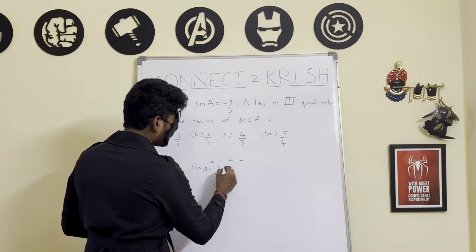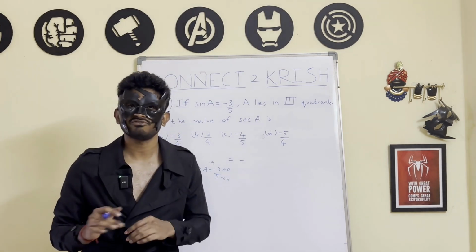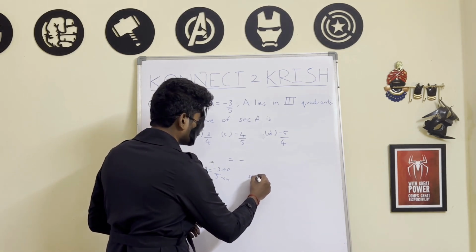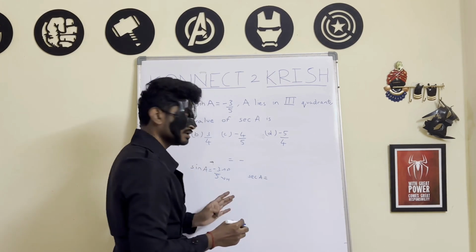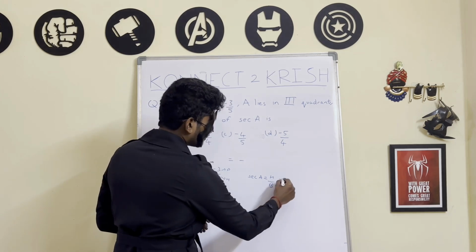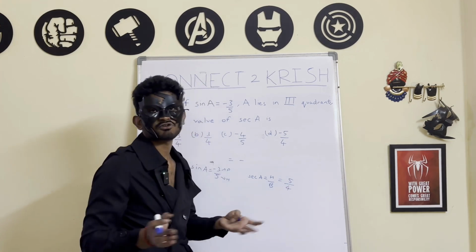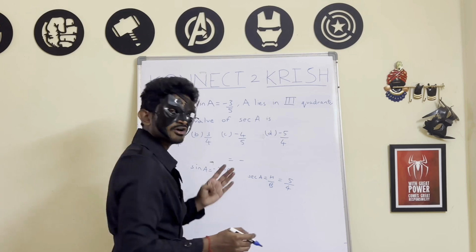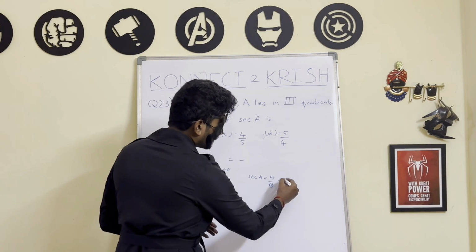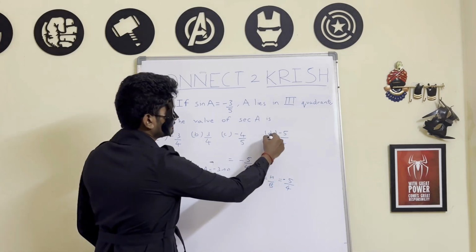Sin is nothing but perpendicular by hypotenuse, and we also know that 3, 4, 5 form triplet. So secant A is nothing but hypotenuse by base. Hypotenuse is 5, base is 4. See, as 3, 4, 5 form triplet, and we already know that in third quadrant secant A value is negative, so it will be minus 5 by 4. So the answer is D.